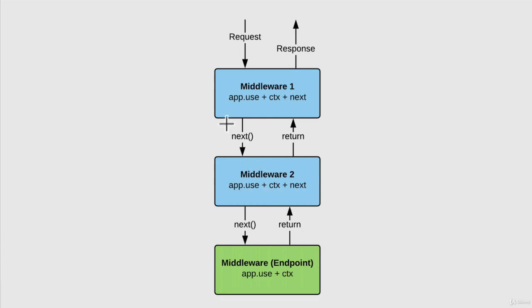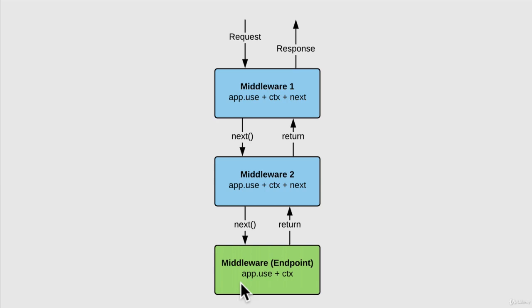So you can see that all three of these middleware have the app.use function and the context in common. The next parameter is optional. By not including next in your middleware, you're effectively saying that your middleware is now an endpoint. That is, it's the last piece of middleware in the chain.